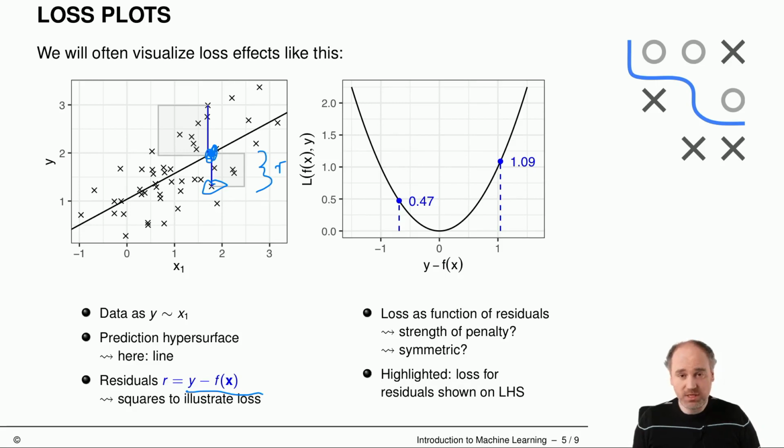You can also see it's symmetric, and the better you become in machine learning, the more properties you can grasp simply by looking at these visualizations of loss plots, okay? If I see a visualization like that for a certain loss function, I can immediately see what properties the underlying optimization problem might have, or certain problems that might occur.